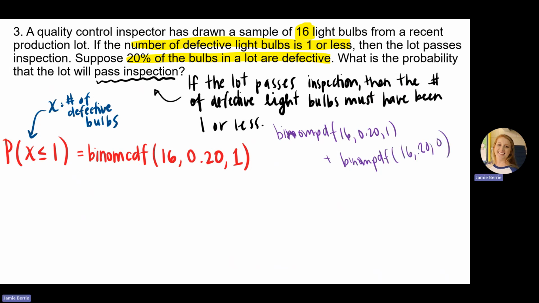So you could manually calculate each one of those and then add them together. It would just take you forever. You could only use the PDF function, but the whole point is that we're trying to make this as easy as possible on ourselves. So using the CDF function makes this a whole lot easier than doing those individually.